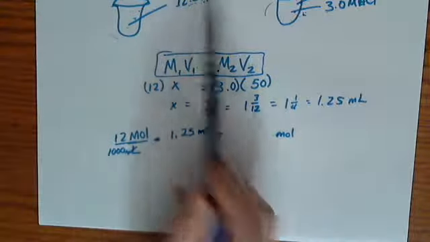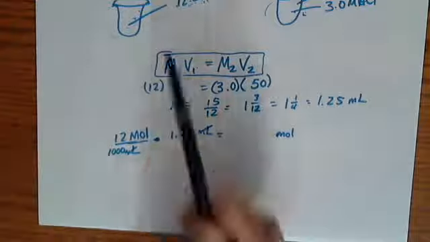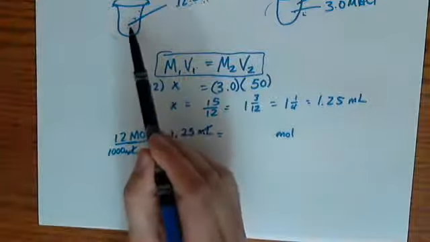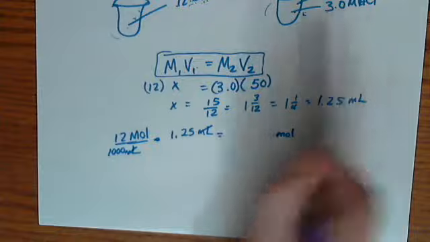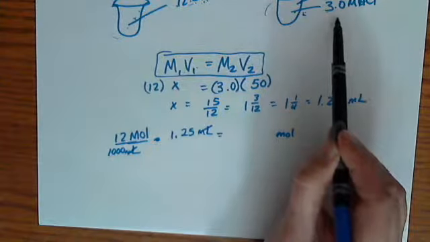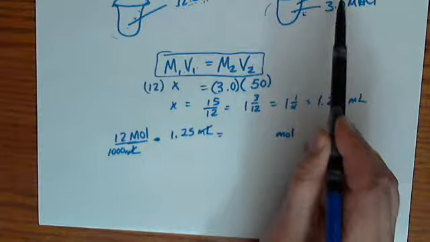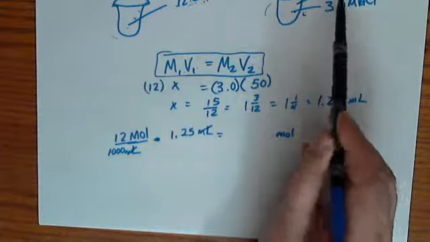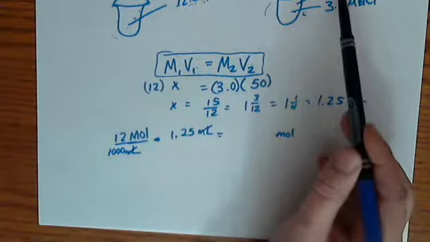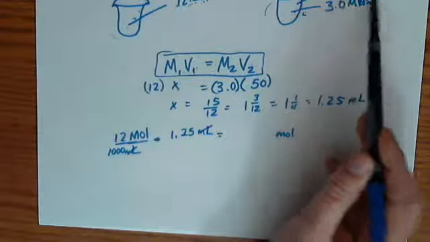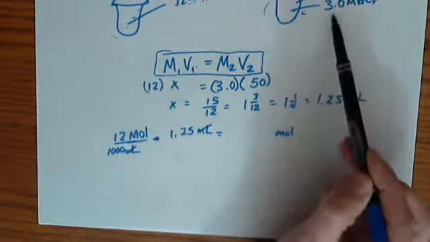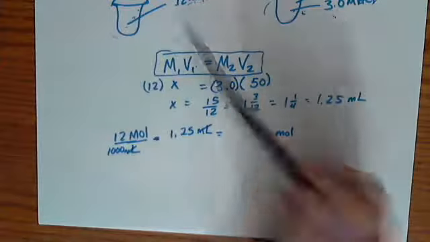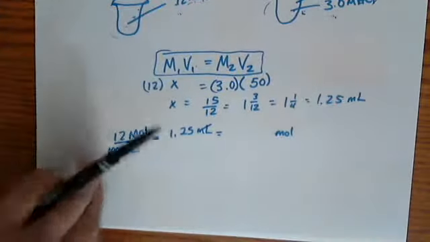I have a concentration of it, but when I take out a particular volume, I'm taking out a particular number of moles. And that's the only moles of that solution that I'm going to end up over here. So I'm going to have the same number of moles. And if I multiply that by the total volume that I'm going to want over here, you can work it out so that this is actually going to give me the same number of moles that I would have over here, which is kind of a confusing way to think about it.